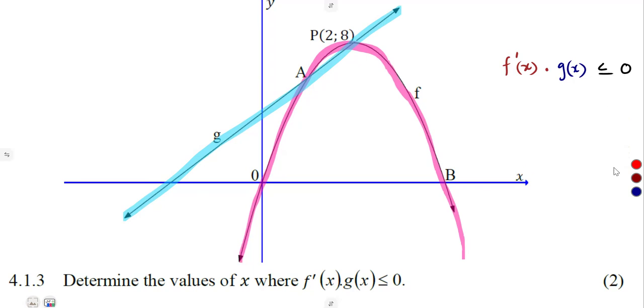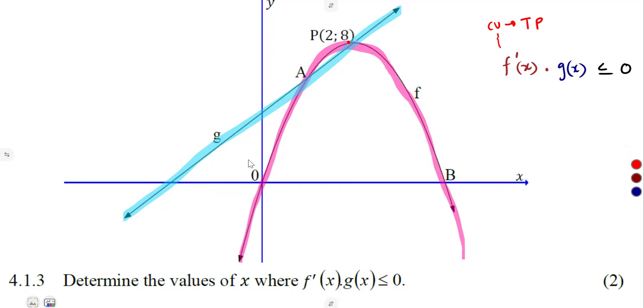All right, so f prime x, the first derivative, whenever it is used, remember that its critical values for a parabola, which is a turning point, will be the what? Will be the turning point. Gx, it is what? A straight line, a linear function. So its critical values will be the x-intercepts.